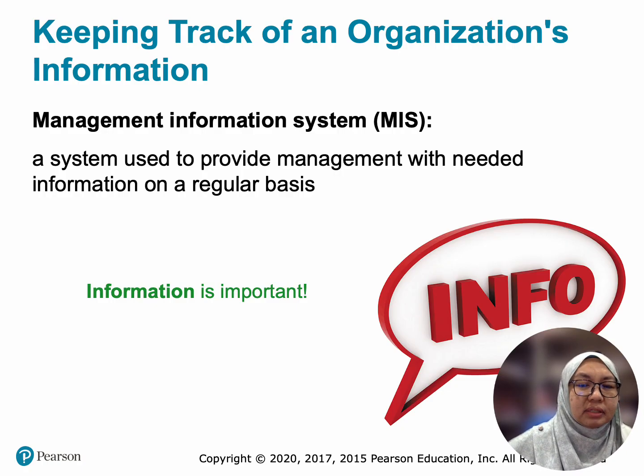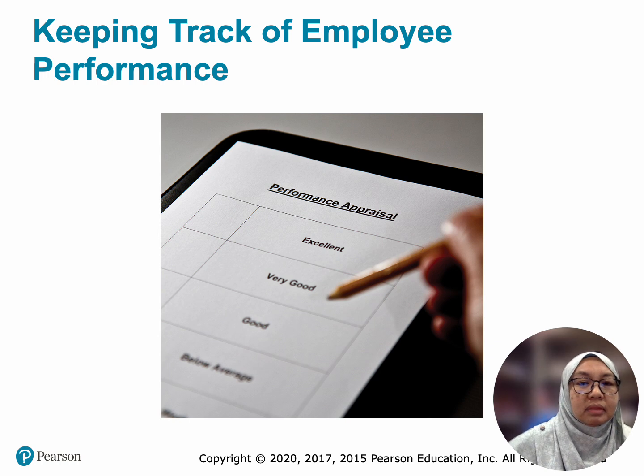Since information is important, for example, a record of employees that have already worked for so many years. All the data is information, which is very important. So keeping track of employee performance is also important.